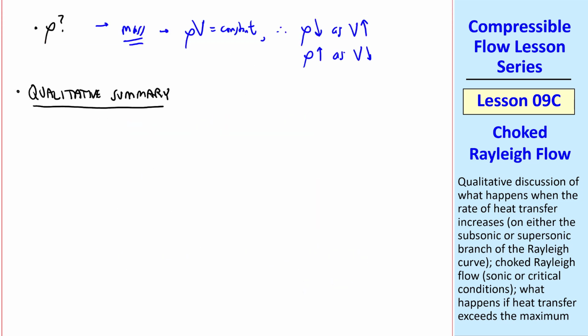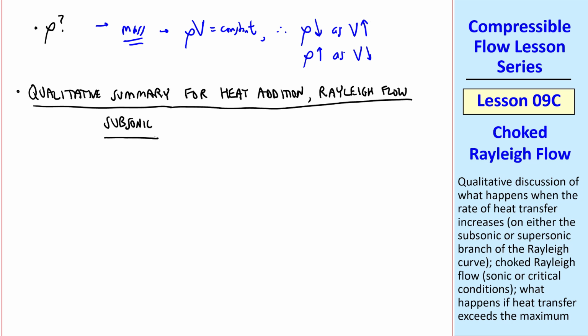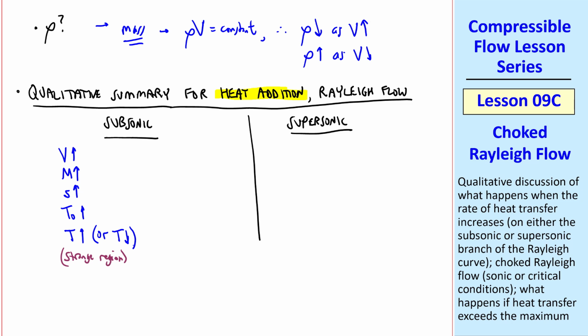Let's do a qualitative summary for heat addition in Rayleigh flow. I'll do both the subsonic and the supersonic cases. And keep in mind we're talking about heat addition here. The properties that go up are speed, Mach number, specific entropy, stagnation temperature, and static temperature, but T does go down in the strange region. The properties that go down are density, pressure, and stagnation pressure.